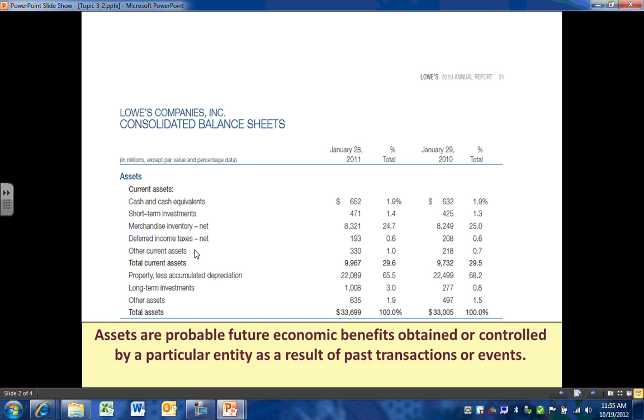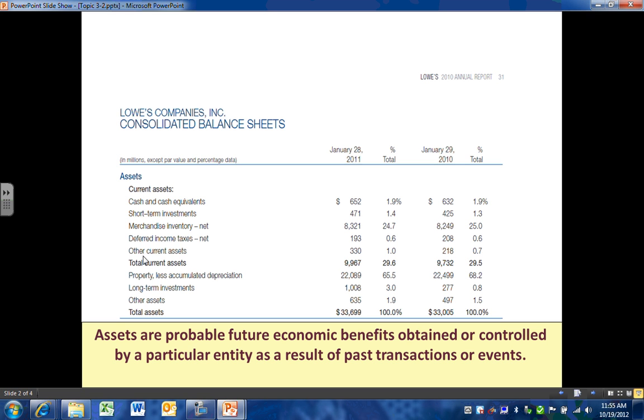Think about prepaid rent. If Lowe's prepays rent on one of their store facilities, it'll start as an asset. As time passes through the year, it will be consumed by the recognition of rent expense for the portion of the year that the prepaid asset was used.